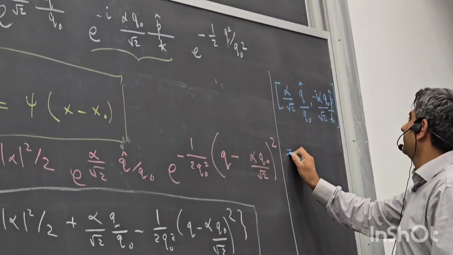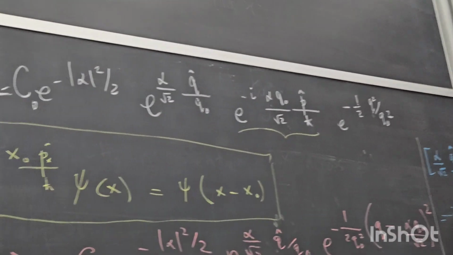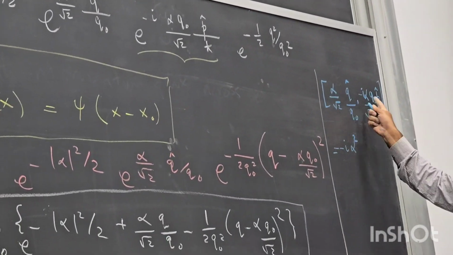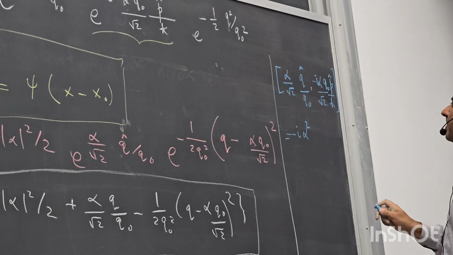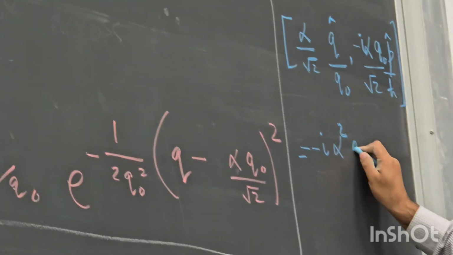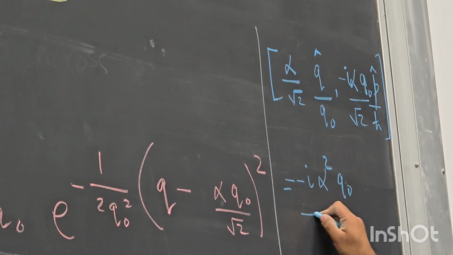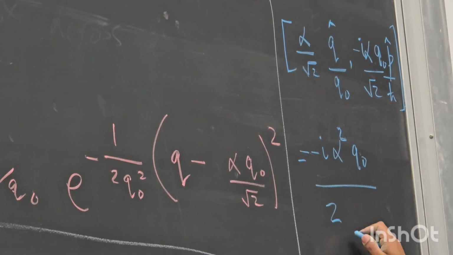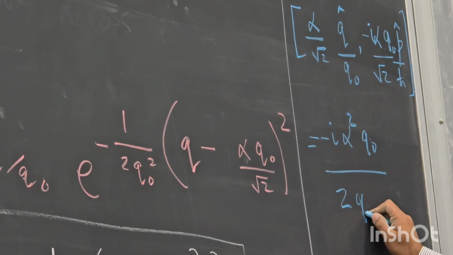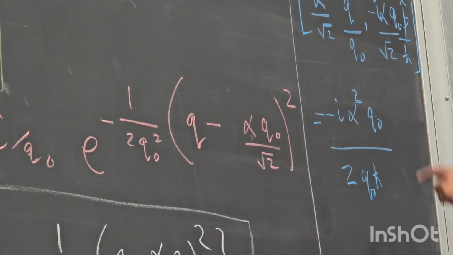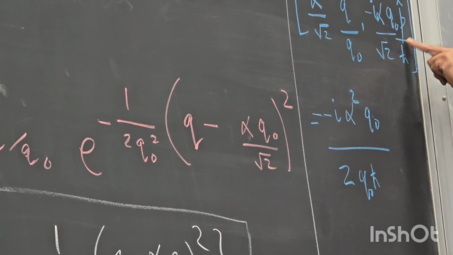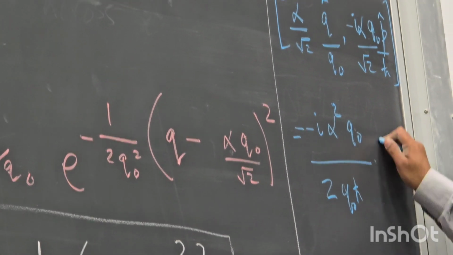So this gives me minus iota alpha squared over 2 q naught h bar, and the commutator of Q and P, which is iota h bar.